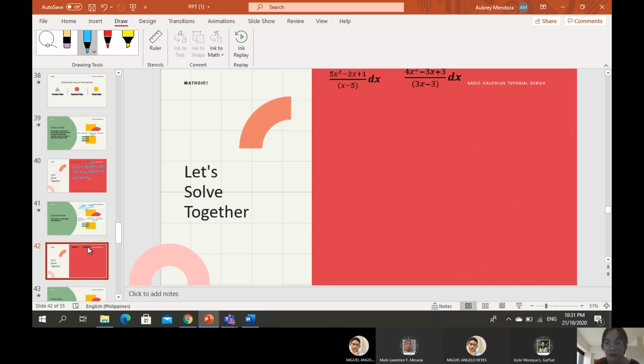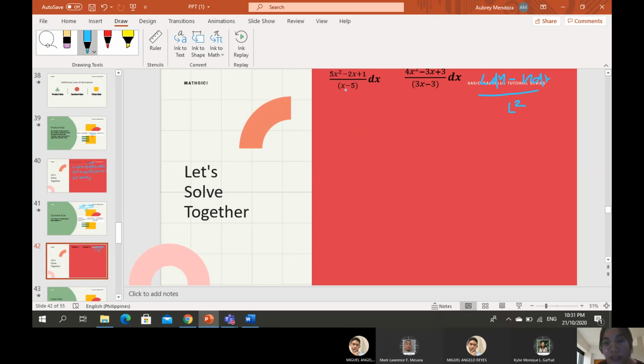So let's have an example. We have here 5x squared minus 2x plus 1 all over x minus 5. So let's follow the LDH minus HDL all over L squared.